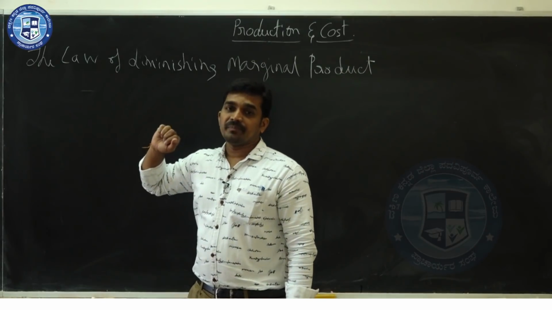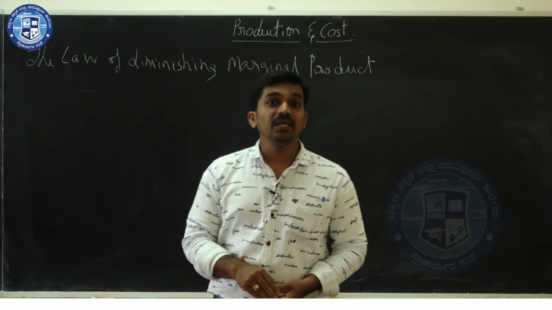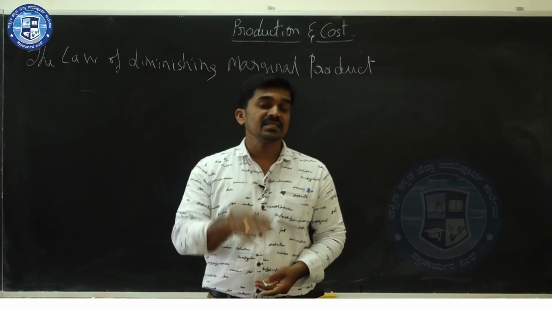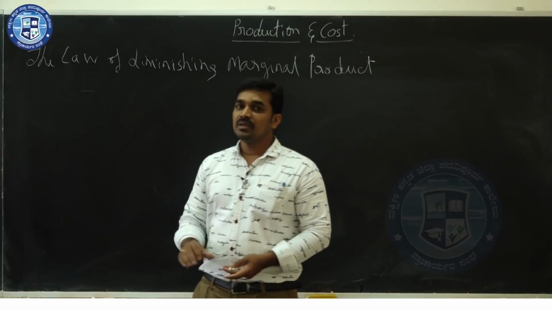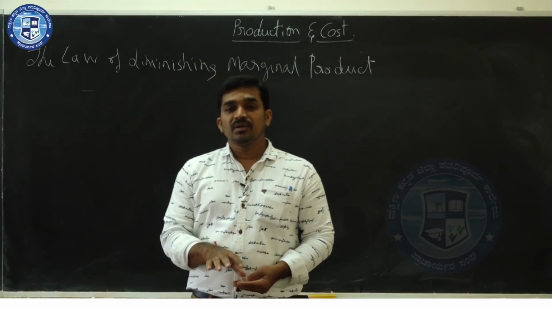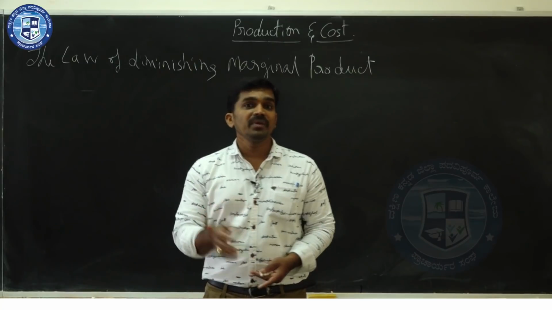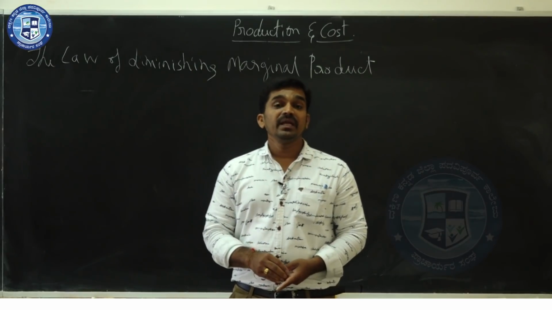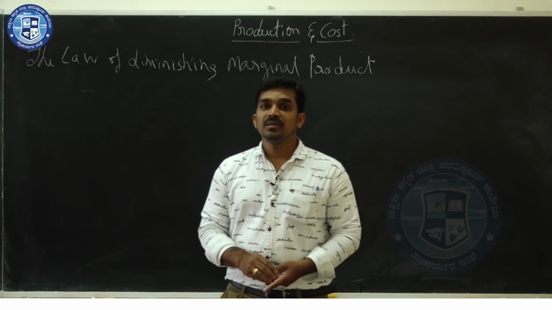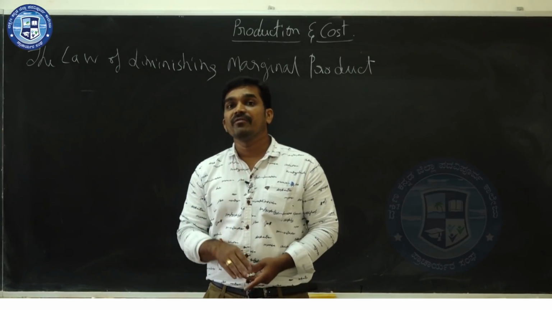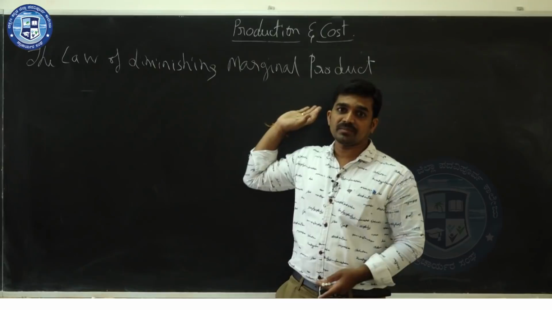In this concept, the marginal product of the factor input initially rises with its employment level, but later after a certain level of employment, marginal product starts falling. This is the concept of the law of diminishing marginal product.